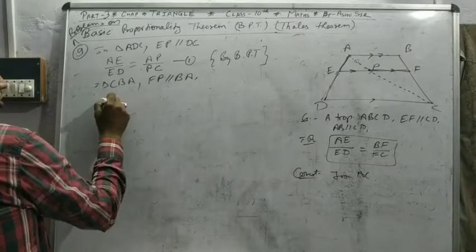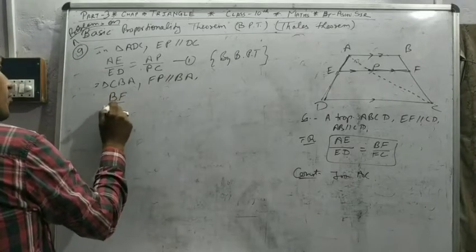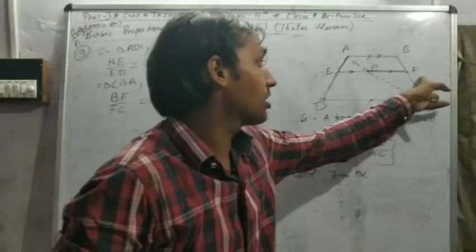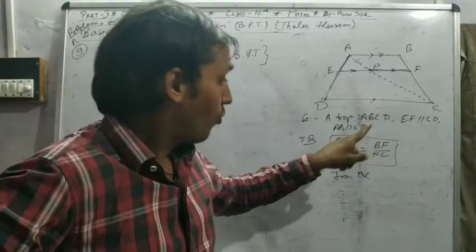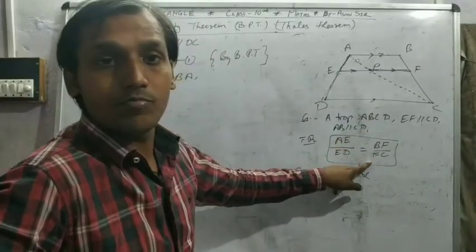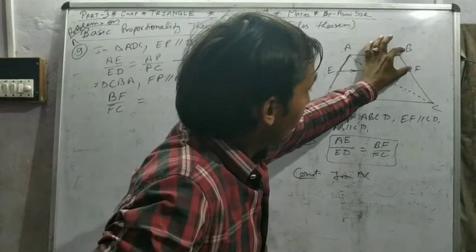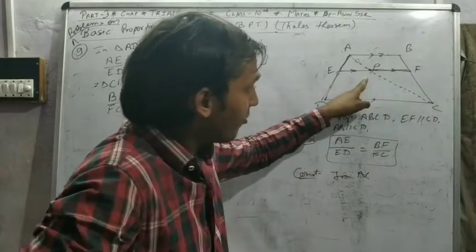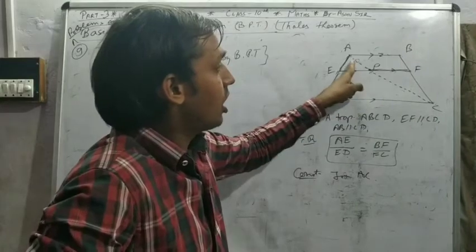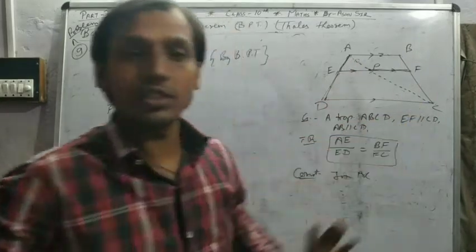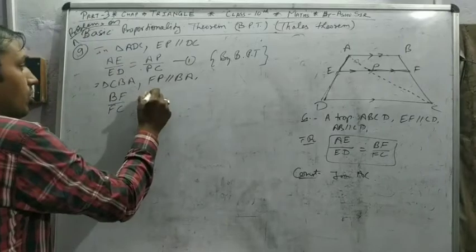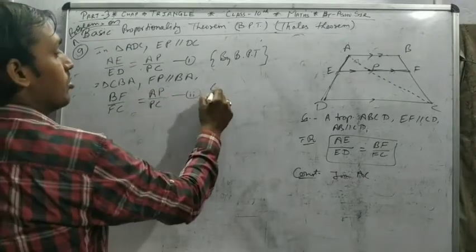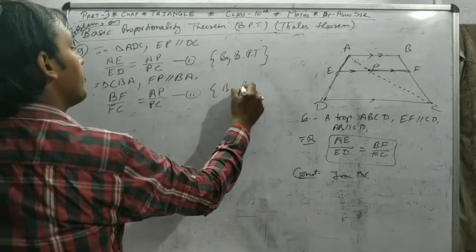So we take BF upon FC. Don't see CF upon BF. What you want? BF upon FC. So in here BF upon FC means this upon this. So again here we take the other side AP upon PC, corresponding sides by BPT.